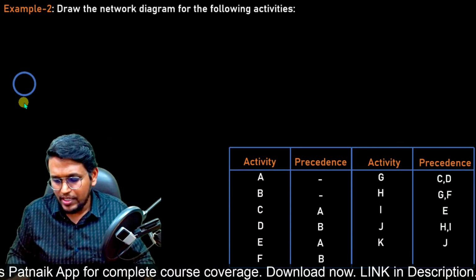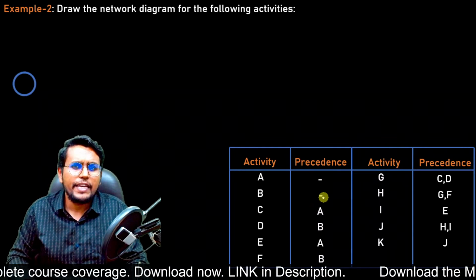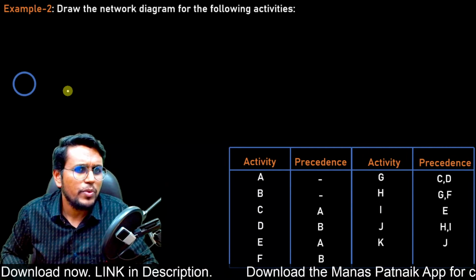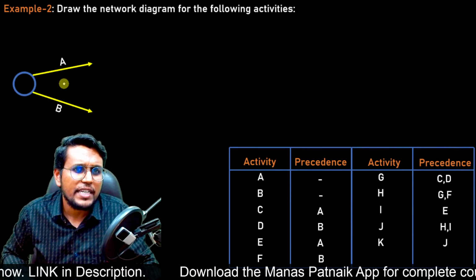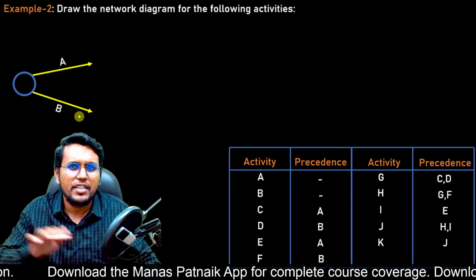Now let us see the unpreceded activities. A and B here are unpreceded. That means undoubtedly we can start two activities from there, activity A and activity B. I hope this is clear.